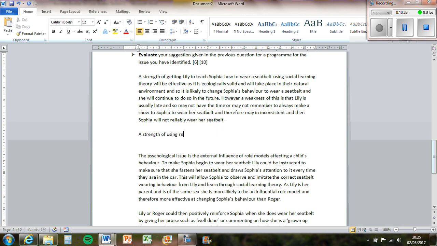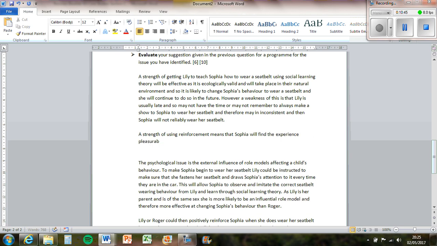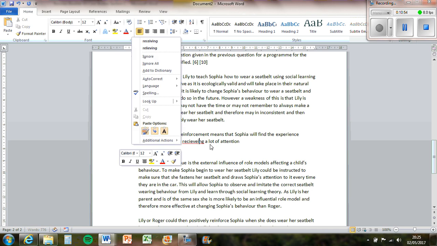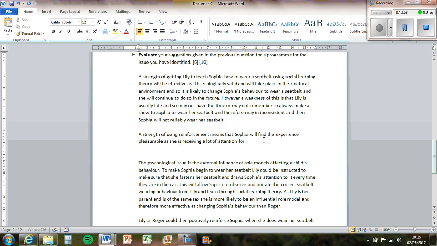A strength of using reinforcement means that Sophia will find the experience pleasurable as she is receiving a lot of attention for putting on her seatbelt.